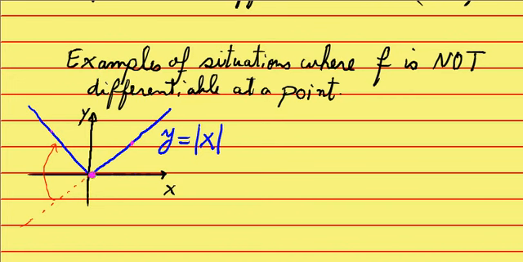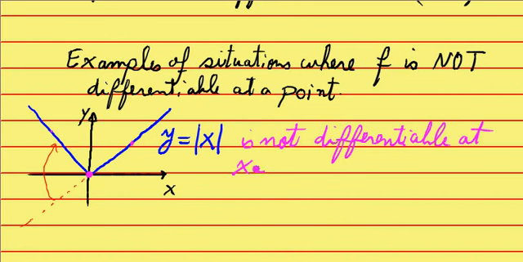Should it be -1 or 1? Probably a good engineer goes and takes an average, but that is a little bit not professional here. At this point, we are going to say the function is not differentiable at x equal to 0.